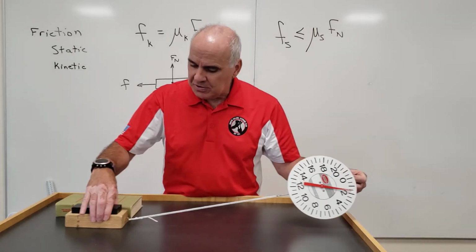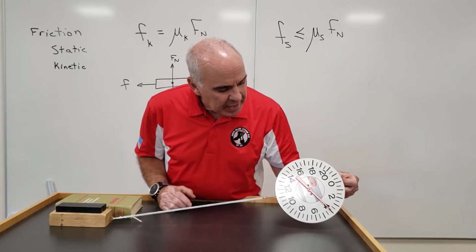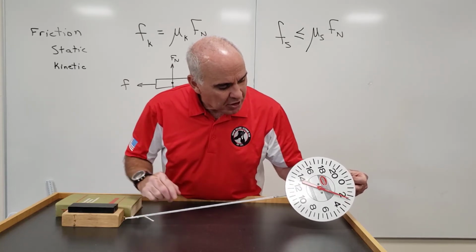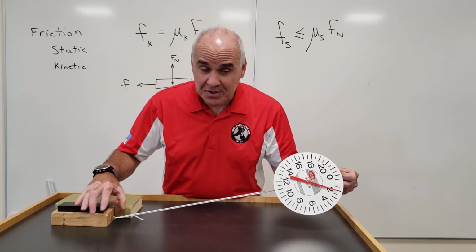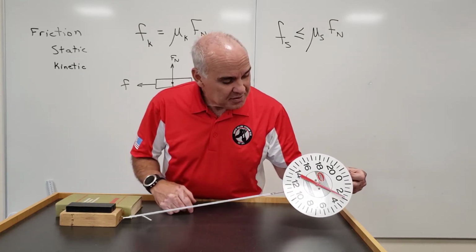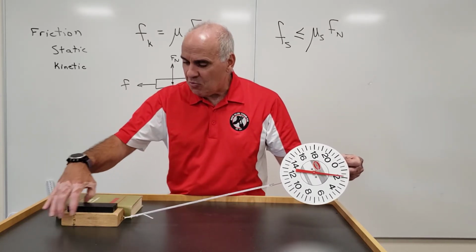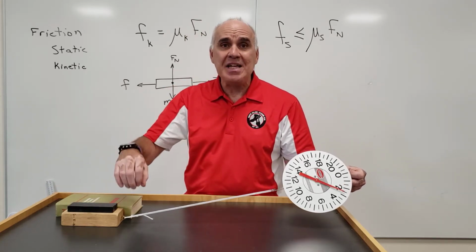The other thing to take notice of here: I'm increasing about 3, 3.5, 4, and then once I've reached that 4 mark, and notice it was almost 4.5 over here, and over here it's a little less than 4. So just from here to here, that frictional coefficient has changed, right?